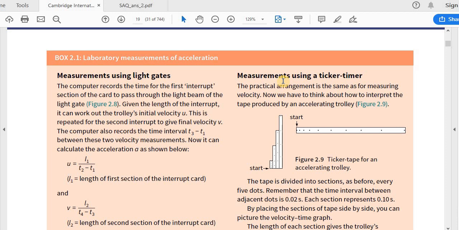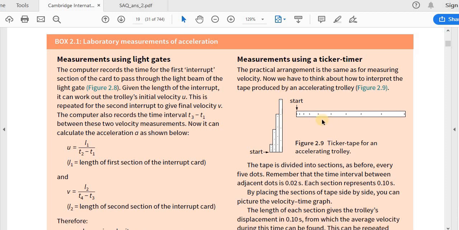The second method is using a ticker tape timer. So we have ticker tape, and you know the time between dots is 0.02 seconds, because the ticker tape machine makes 50 dots in 1 second. So 1 divided by 50 is 0.02. That is the time between dots.